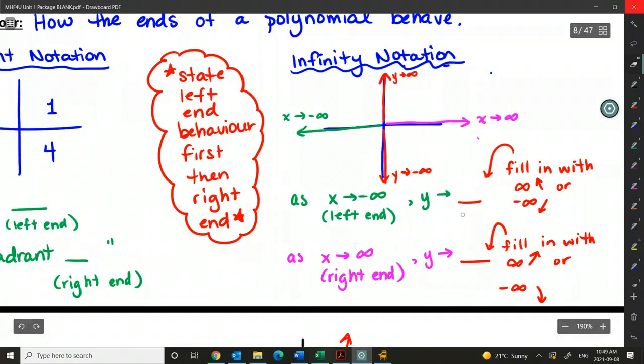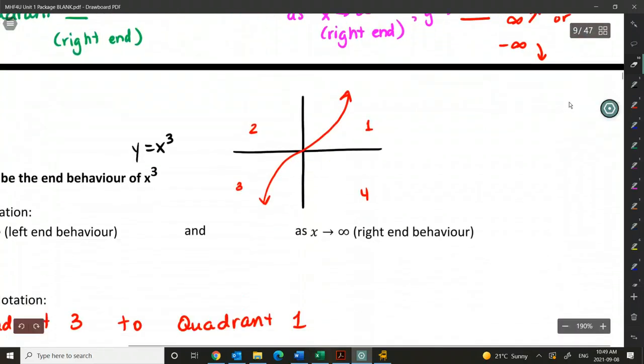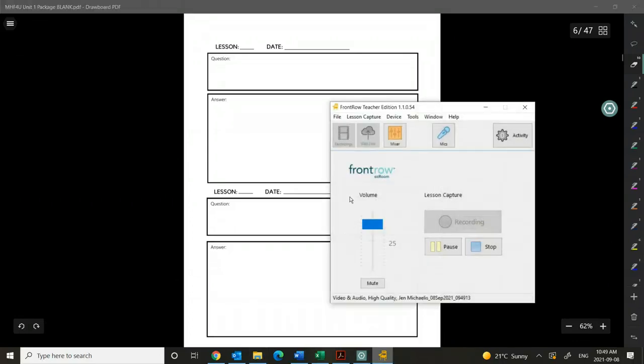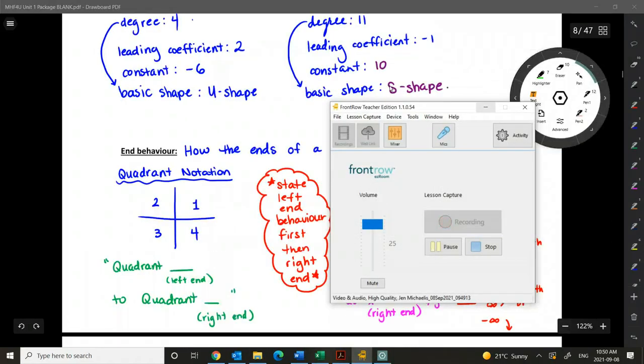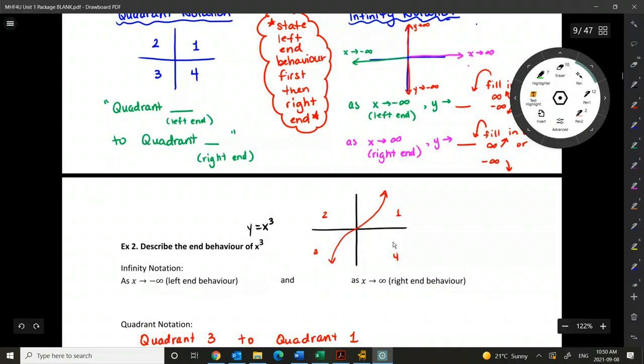Okay, so let's try this with our x cubed. Oh, and this is frozen. That's why it's not letting me do anything. Oops. Okay, hold on one second. It's not letting me.